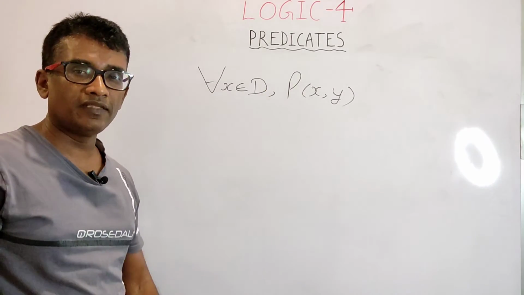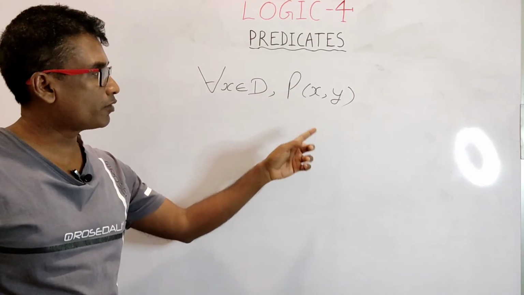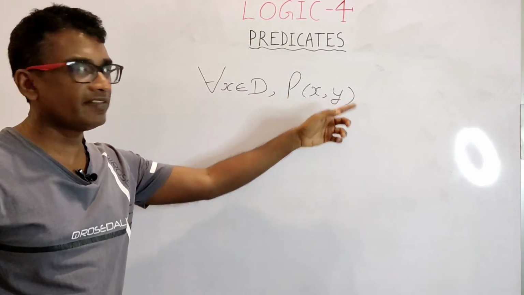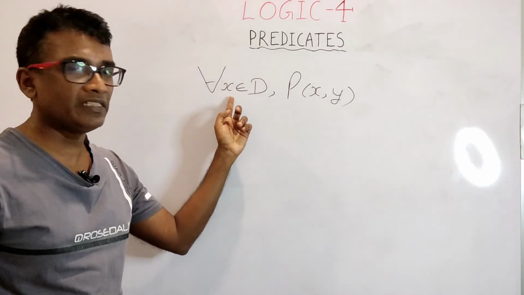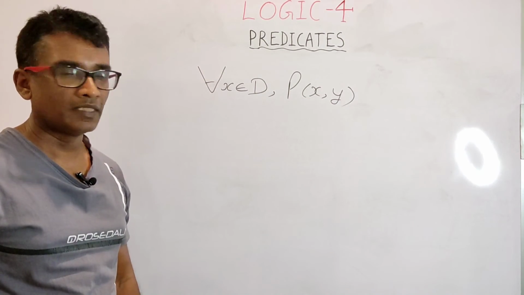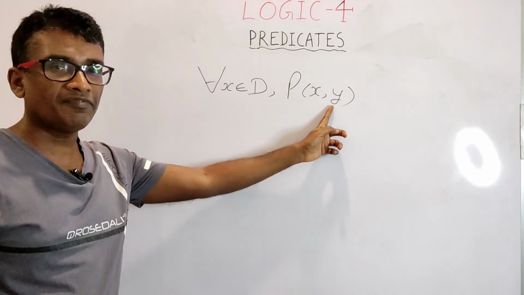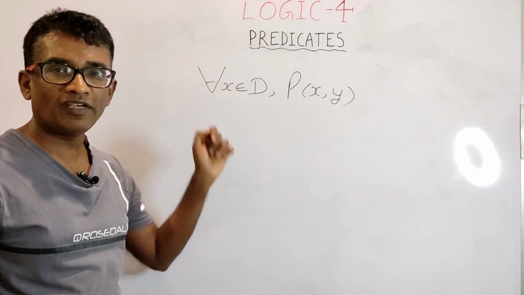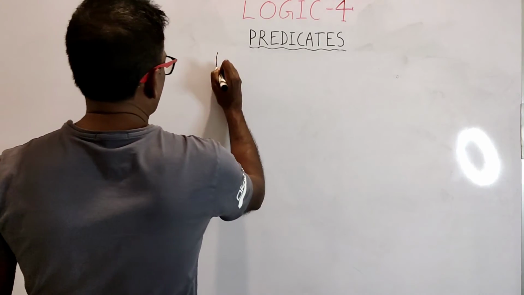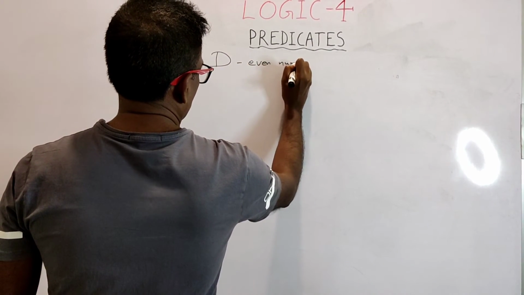Now we will look at this example. All x in D have this property P of x and y. Now there is no mentioning of y here. Y seems to be out of the influence of the quantifier. Let D be the set of even numbers.